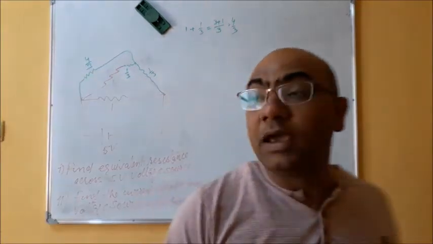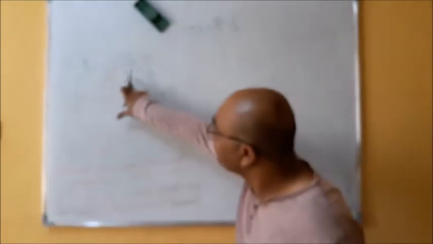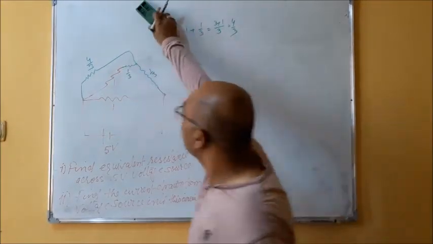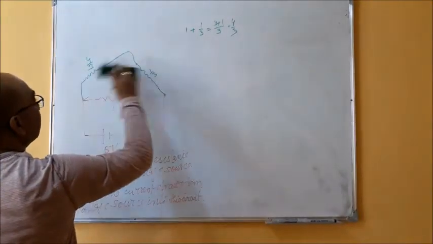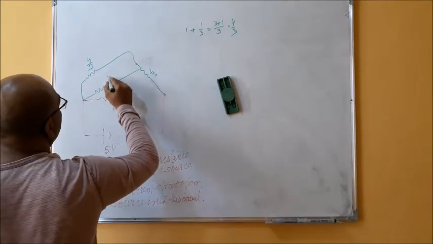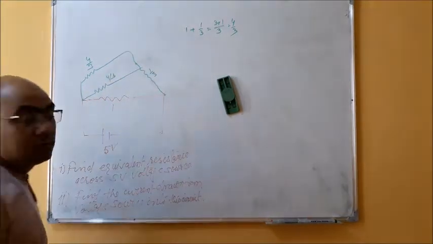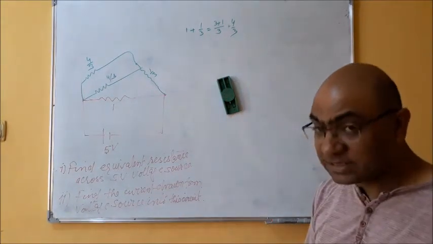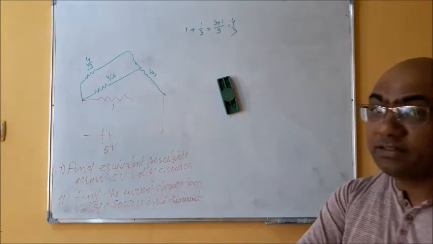Similarly, 1 and 1 by 3, again the same current is flowing in both. So these two are also in series, and 1 and 1 by 3 again will give you 4 by 3. Right? Now you see, next step, 4 by 3 and 4 by 3.